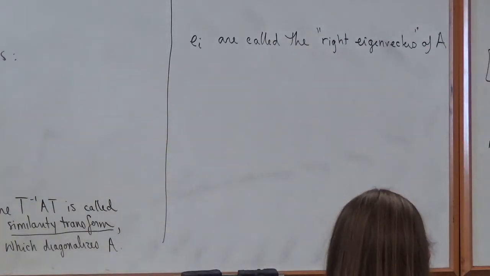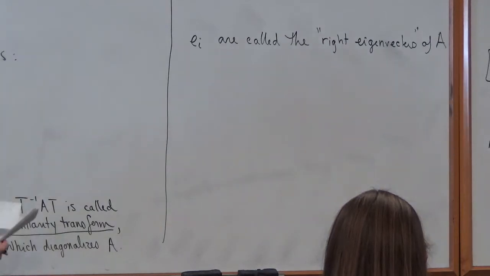Why? Because you multiply the eigenvector on the right of A.